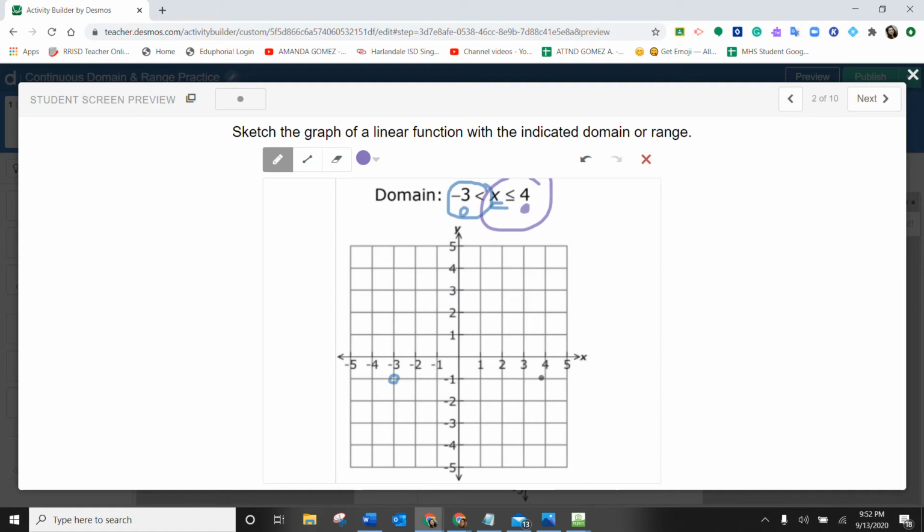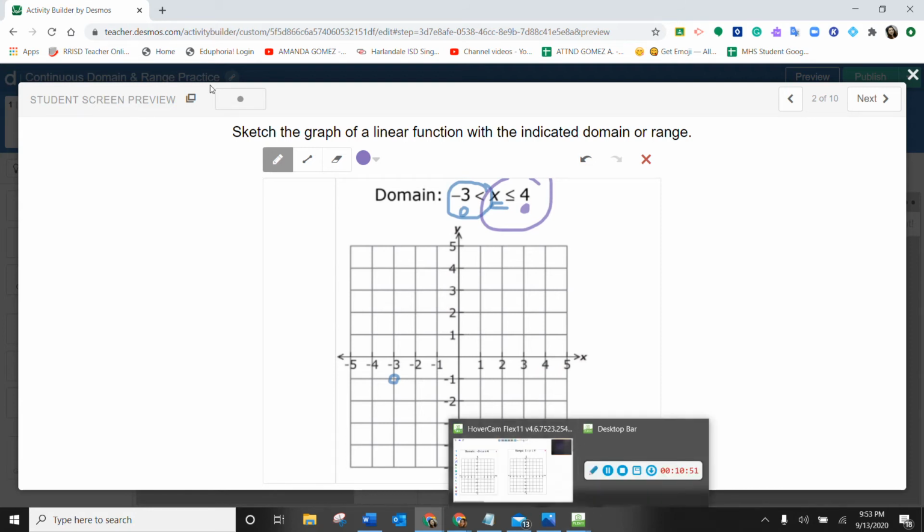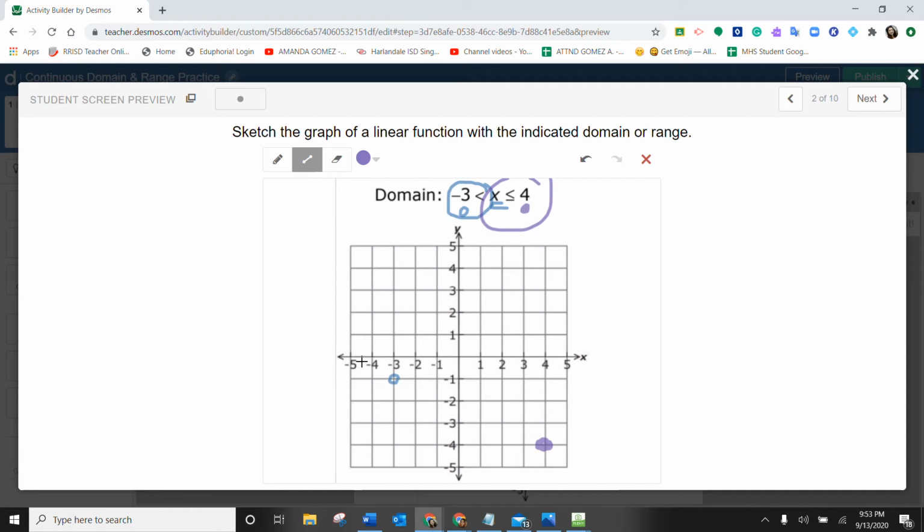Now, I have two options. I can either make my line go up or come down. You know what? I think it'd be kind of cool to go down. So I'm going to try my best to fill that in. Whew. All right. Now, because that was just god awful, I'm just going to draw my line from here to here and connect it. Oh, thank goodness. Okay.